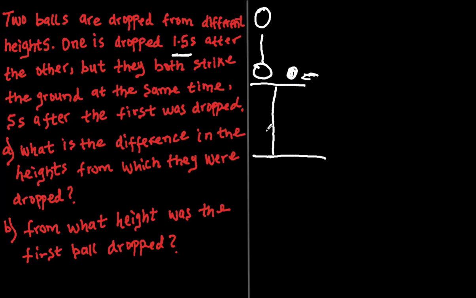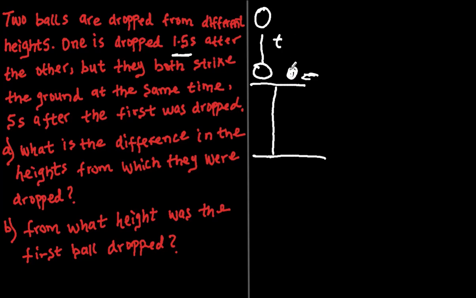Otherwise, if they were not at the same height, they will not reach the ground at the same time. Remember what we said in the last video about the stone and the feather. So that means the second ball must have been dropped when the first ball reached the height of the second ball. And we are told that the time taken for this is 1.5 seconds.